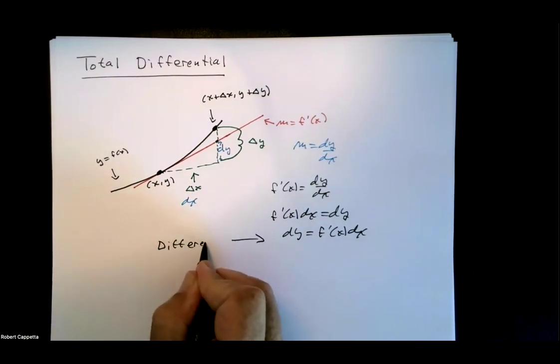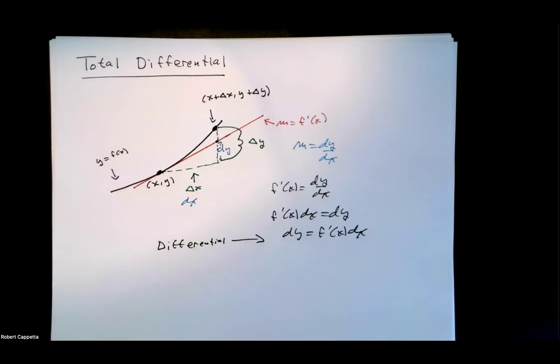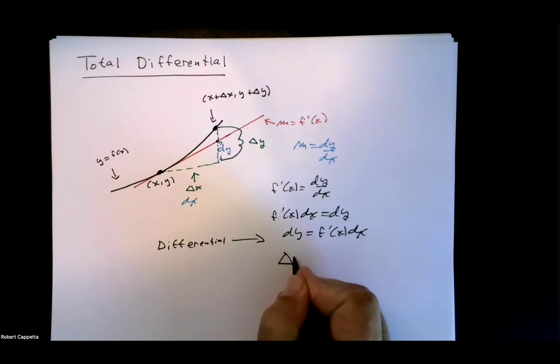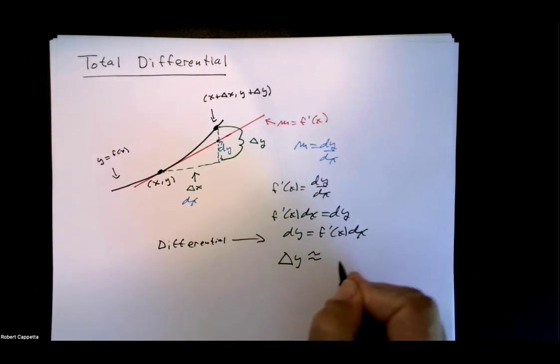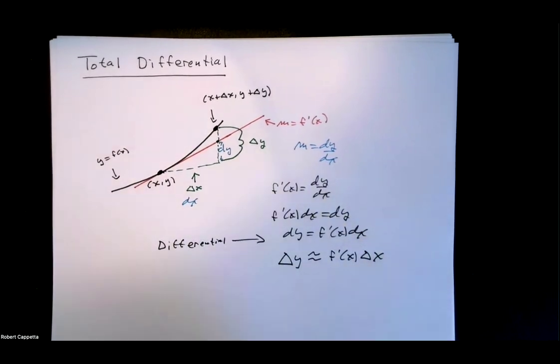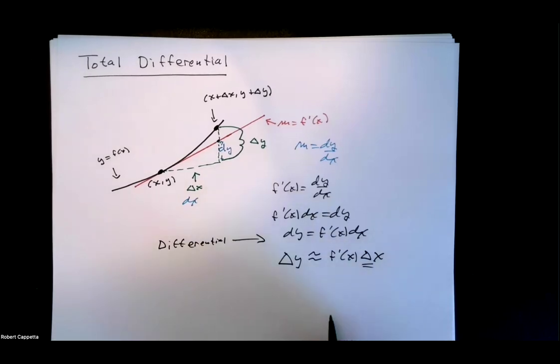But what do we use the differential for? Occasionally to approximate small changes. And the approximation we're going to use is that the change in y should be approximately equal to f prime of x times the change in x. That approximation will be good when the change in x is relatively small compared to the other elements in this formula.